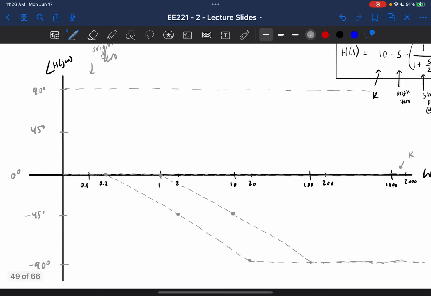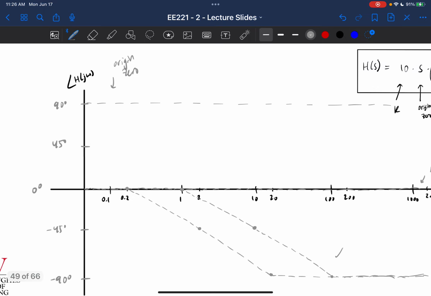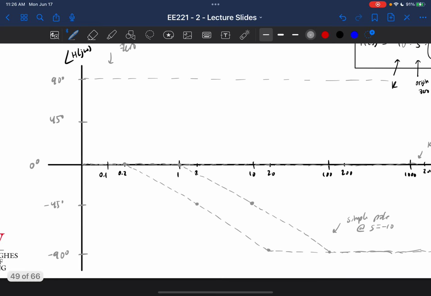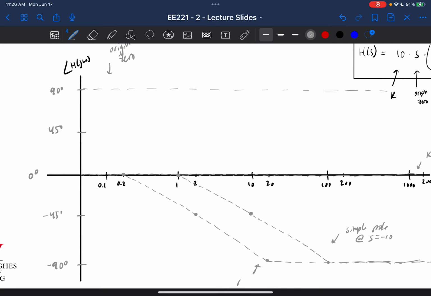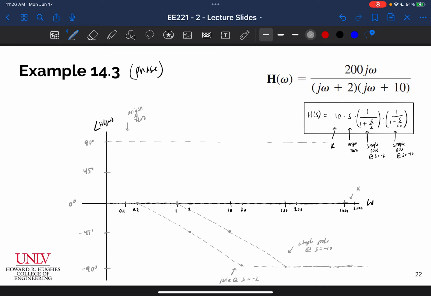All right, and so this is from my simple pole at s equals minus 10, and then this is from my simple pole at s equals minus 2. All right, so we have everything we need now to sketch the phase response of this transfer function.